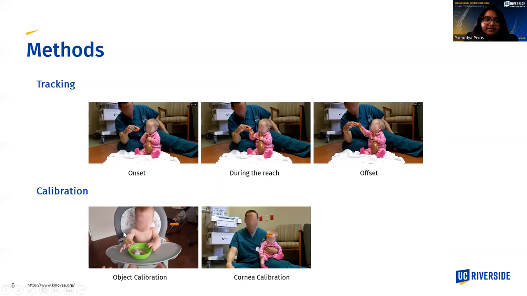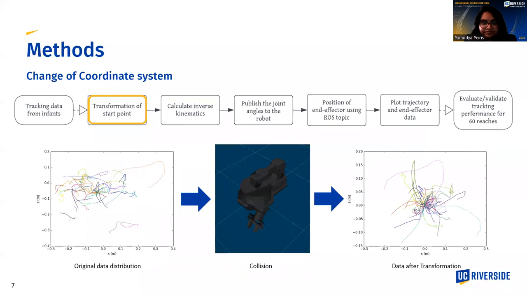And in calibration, the tracking data is taken in pixels and we need it to be in centimeters. So we calibrate the data using the infant's cornea or an object that is on the same frame as the trajectory.